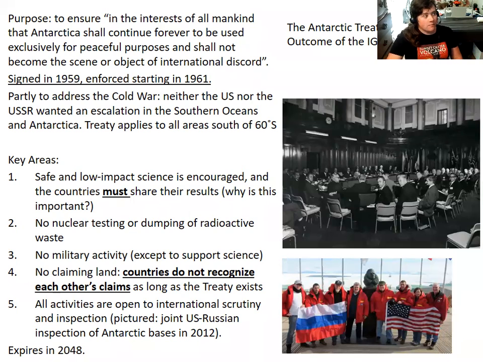And the activities have to be low impact, meaning that say if you're going to build an observatory, that has to undergo review. You can't just build an observatory willy-nilly without consulting whether there might be a penguin breeding ground there, or whether clearing ice is going to cause problems, or using explosives might have unseen effects.